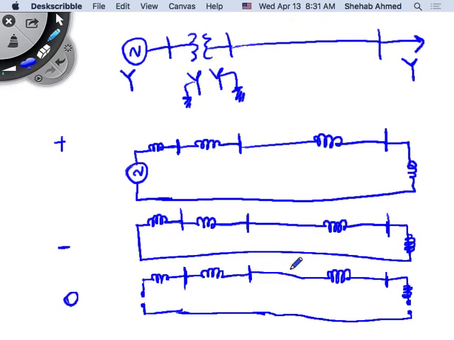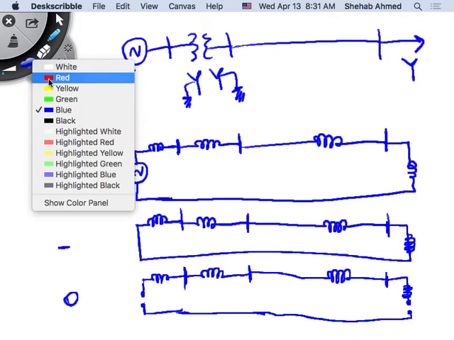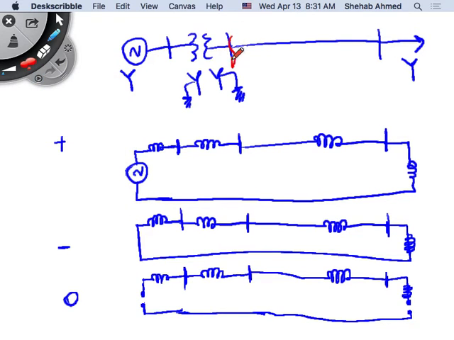Here, from these circuits, is anything going to flow in here? Any current going to flow in this circuit as it is by itself? No. How about this? No. Here? Yes. Right? But now if I tell you there's a fault here at this bus, and we said that the use of this is to allow us to analyze unbalanced systems.